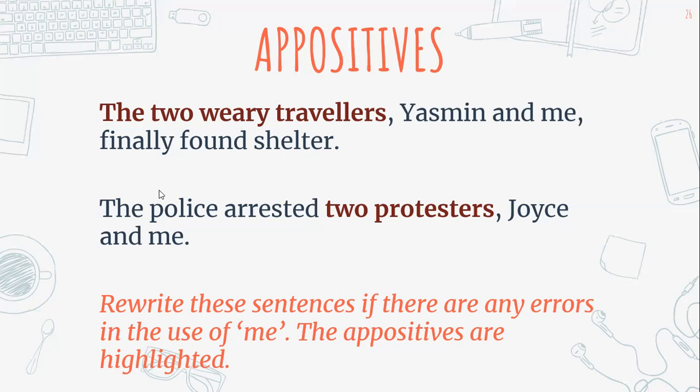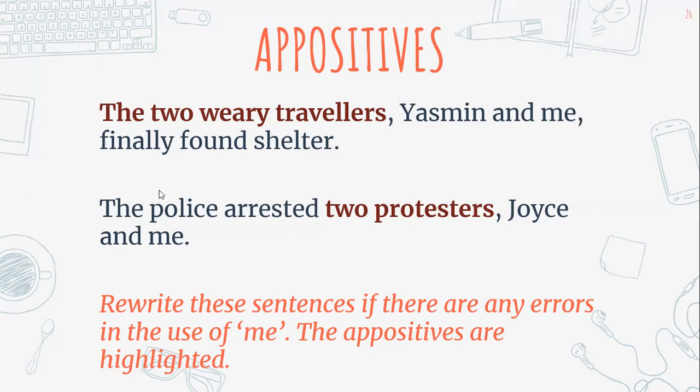So the two weary travelers finally found shelter. Here we can see that two weary travelers is the subject. So of course, Yasmin and I have to be the subject of the sentence as well.